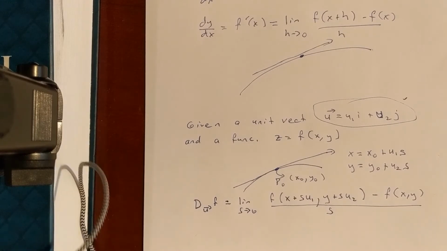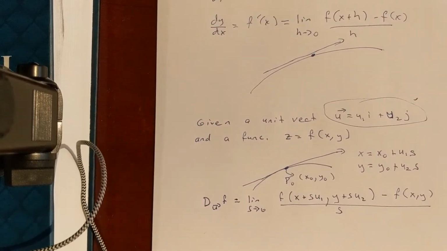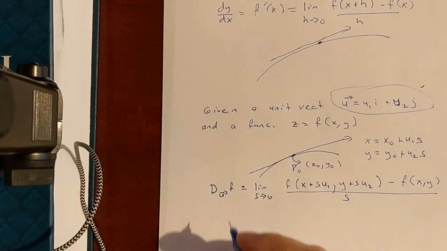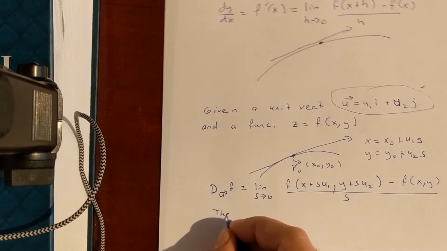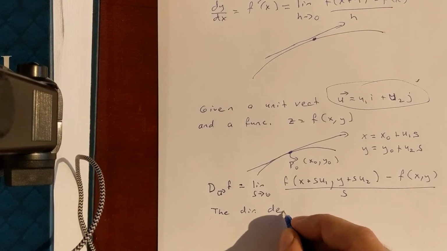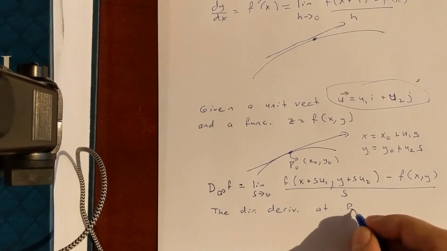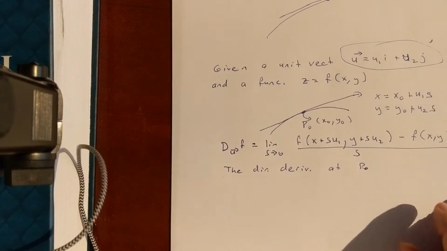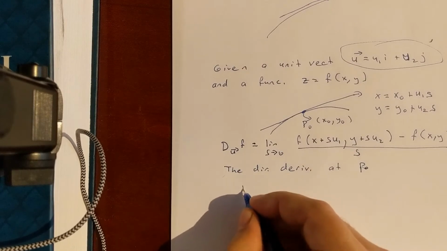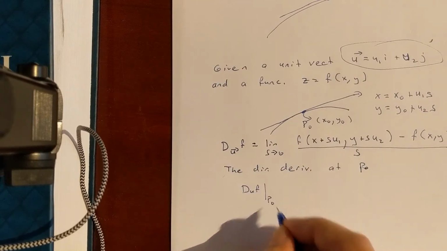So if this limit exists, we say the function has that directional derivative. The directional derivative at p naught, I would just evaluate this at p naught, and write D u f evaluated at p naught.